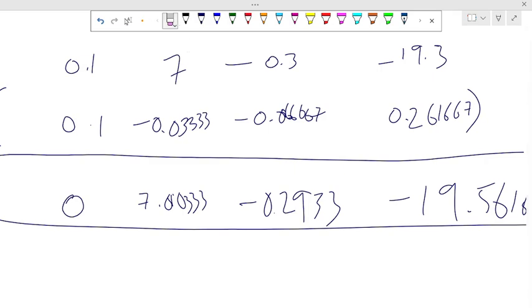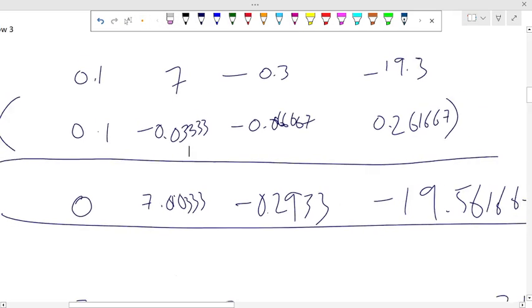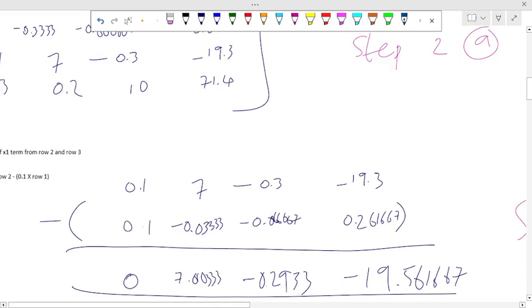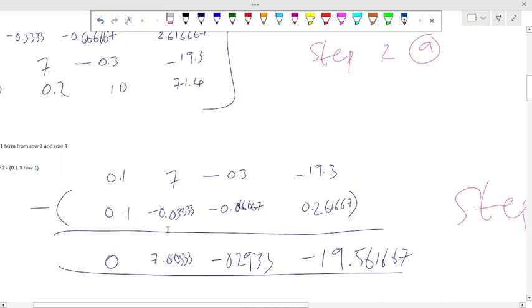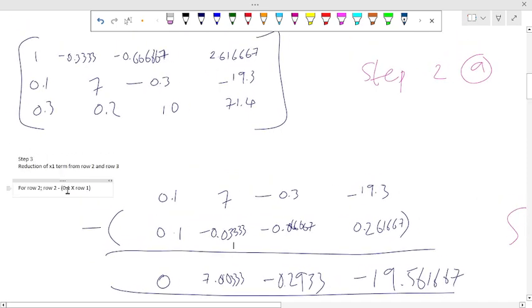Alright, better. So that's it, 0.1 multiplied by that. This is kind of a formula. Look at it. When you subtract this from this, you get this point.